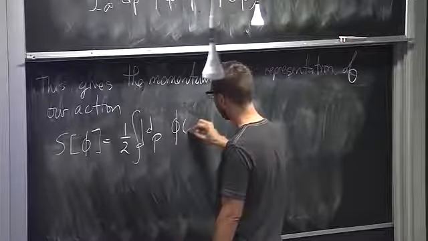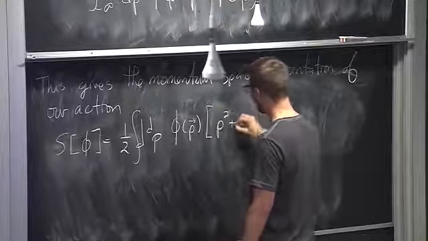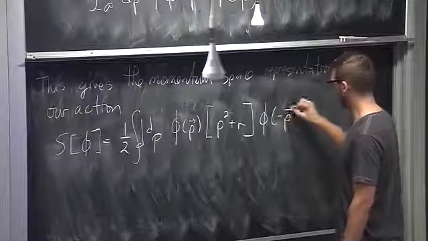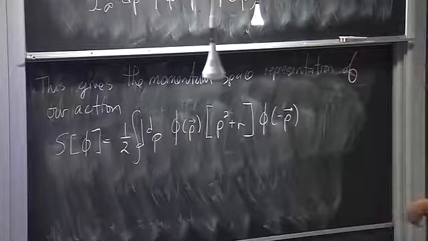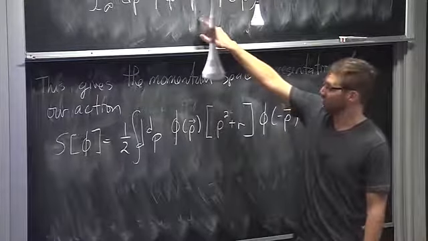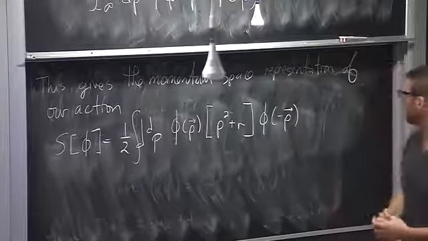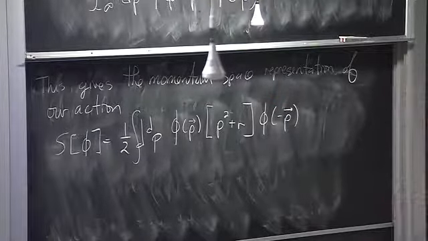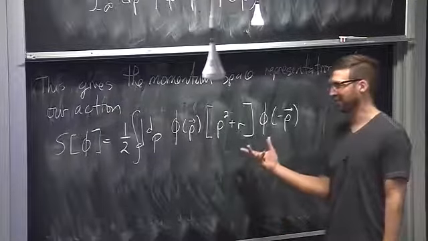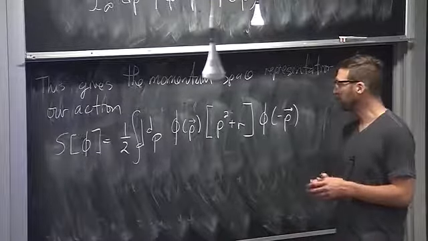Then my p's are vectors. And phi. Okay, so p squared from the derivatives, and then the other thing's just phi, just r. I pulled the factor 1/2 out front. You'll see that this is the simplest momentum space free scalar action you can write down.